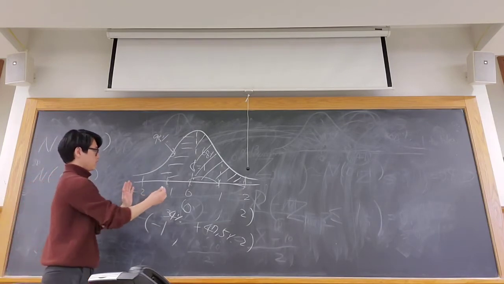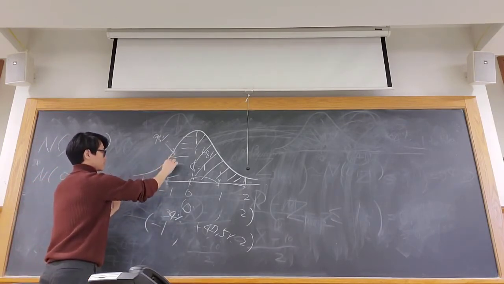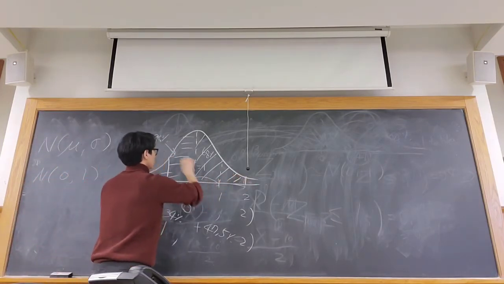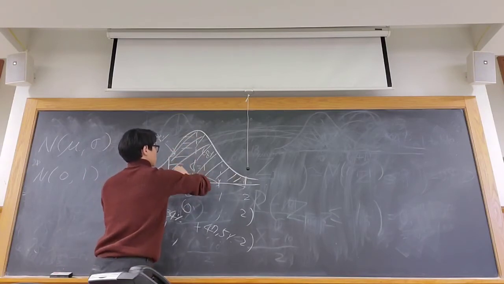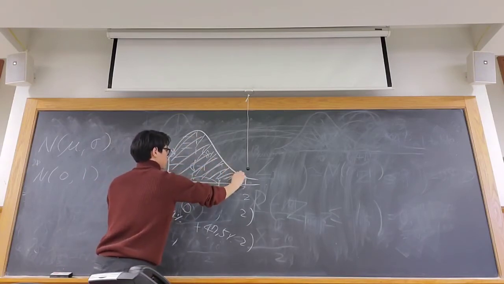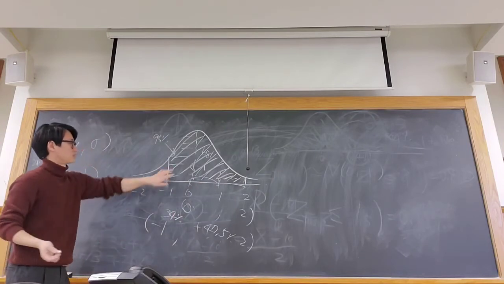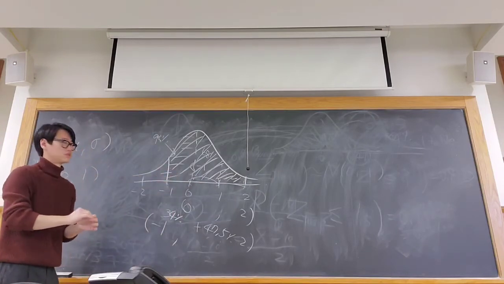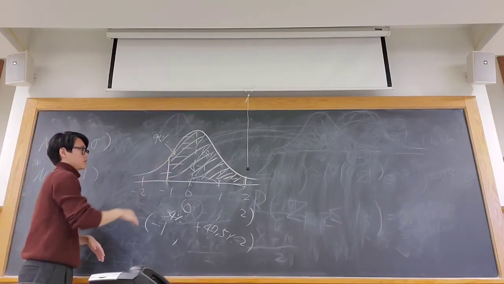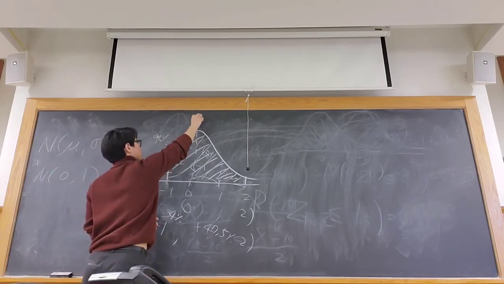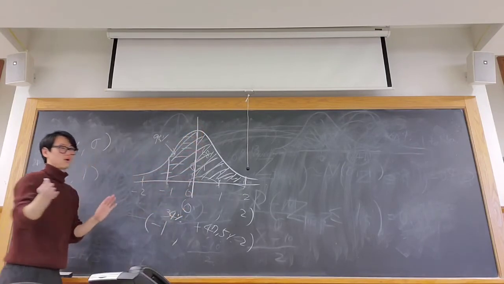So maybe let me just draw this one and that one. Our goal is to find the probability or percentage corresponding to this area, but instead of calculating the whole thing at one time, I want to divide that into 2 parts, right?